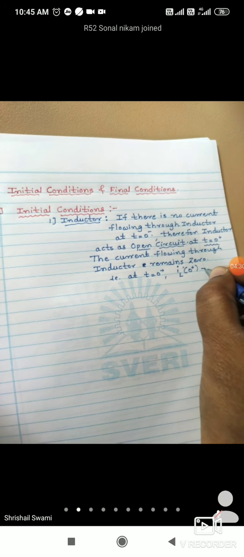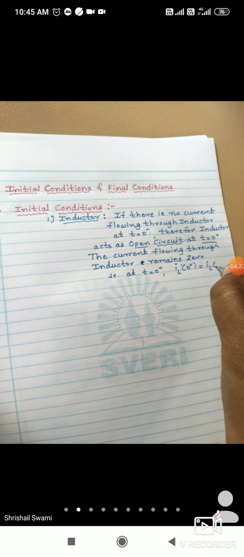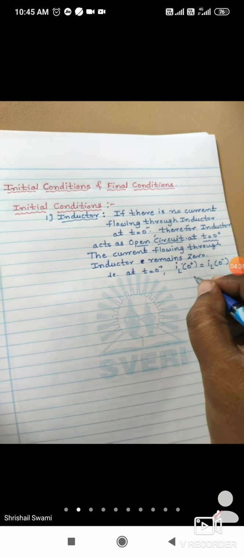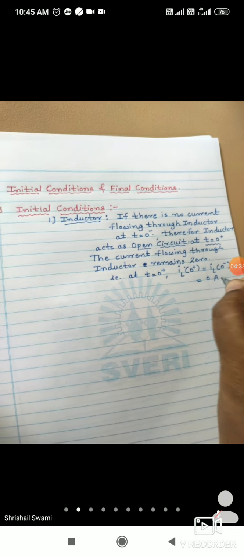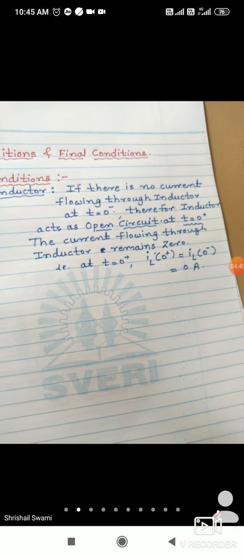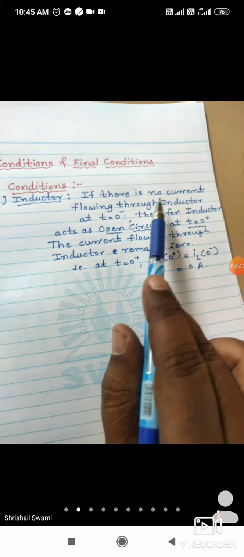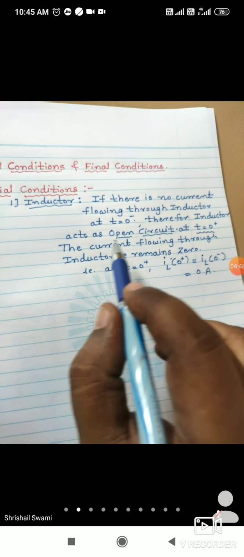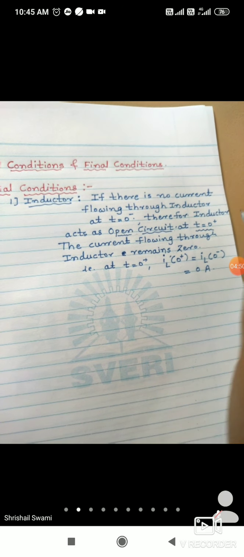That is, IL of 0 plus is equal to IL of 0 minus, which is equal to 0 ampere. So this will be the concept. If there is no current flowing through the inductor at t equal to 0 minus, therefore the inductor acts as an open circuit at t equal to 0 plus also.